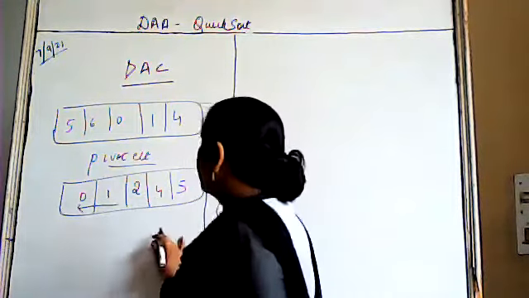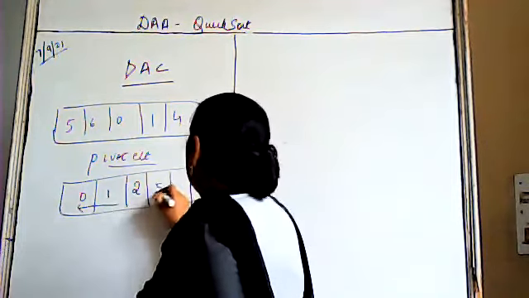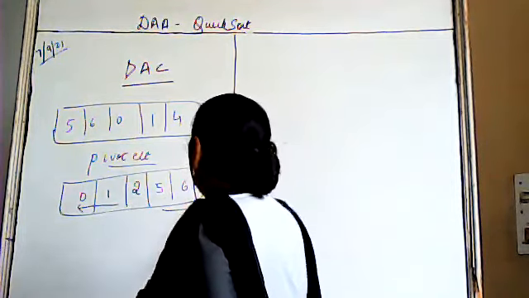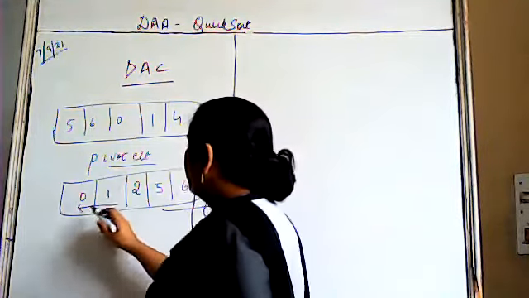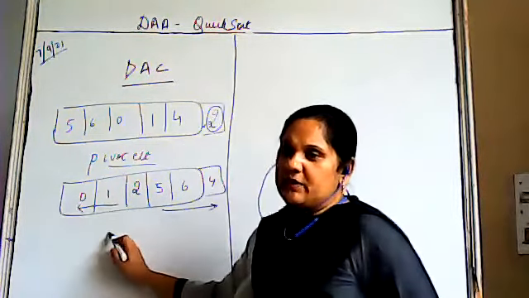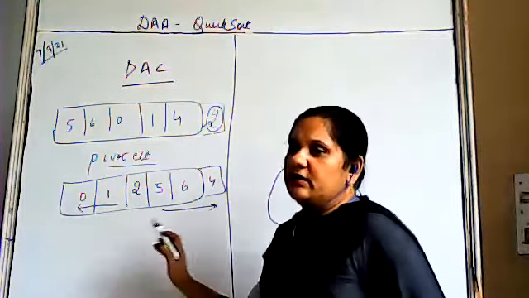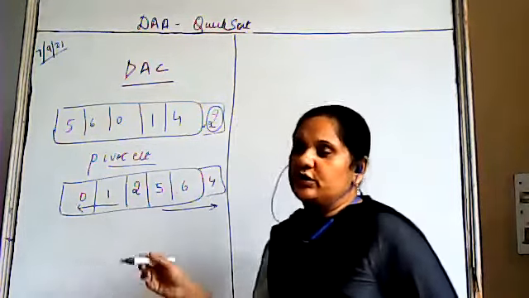Means the list will be settled in such a way that the element towards the right of 2 will be greater than 2, and elements towards the left of 2 will be smaller than 2. But they may be sorted, they may not be sorted. If they are not sorted, then we are going to sort it.